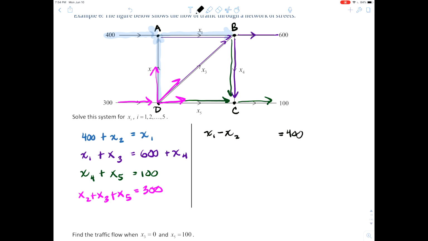So then the second one, the 600's already on the other side, so we'll have X1 plus X3 minus X4 equals 600, and then we'll have X4 plus X5 equals 100.